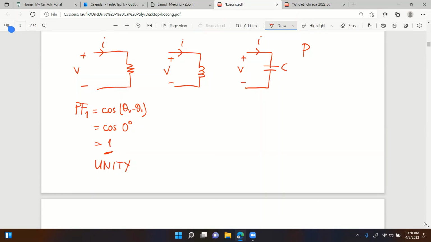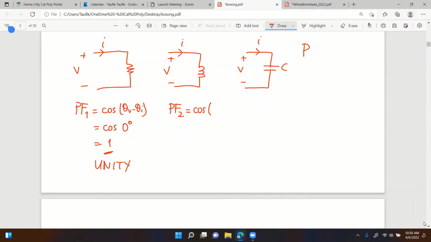What if you have a purely inductive or pure inductor load? What is power factor equal to? Anybody? Wouldn't it be 0? Okay, why? Because the difference is 90 degrees. Okay. What is the difference?